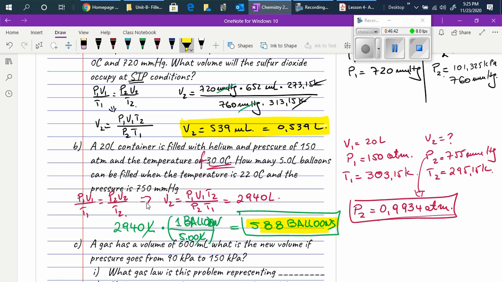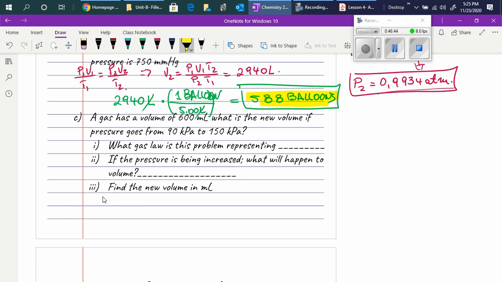Okay, and now let's move to the next one. A gas has a volume of 600, so volume 1 is equal to 600 milliliters. And what is the new volume, so V2 is the question mark, if the pressure goes from P1 equals 90 kilopascal to P2 150 kilopascal.